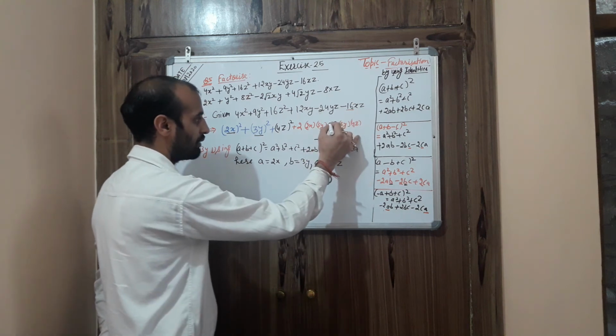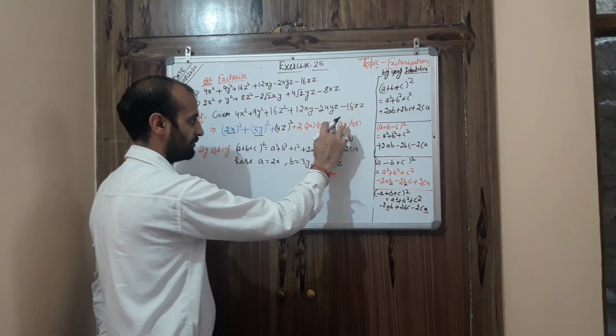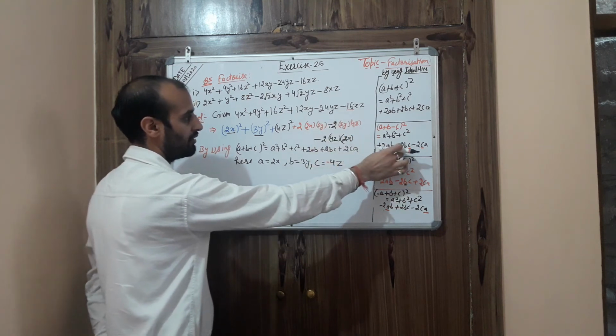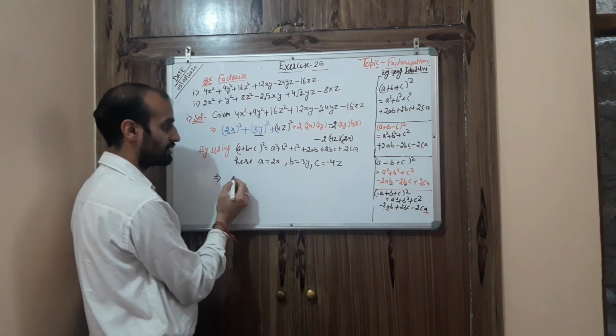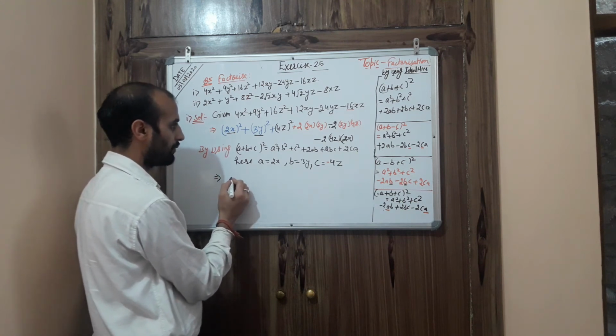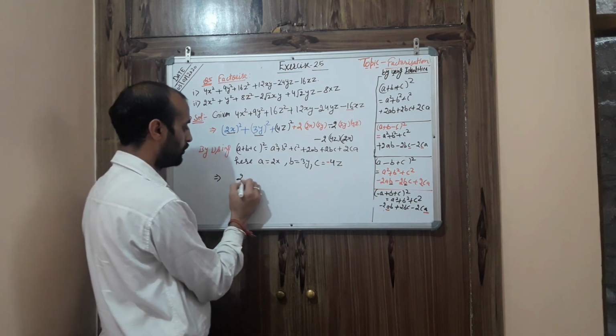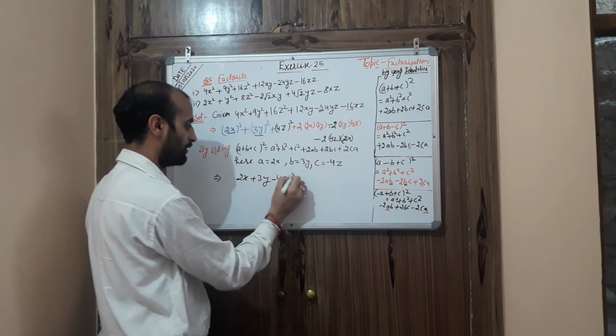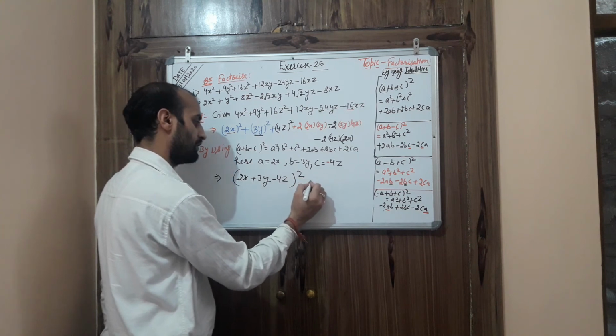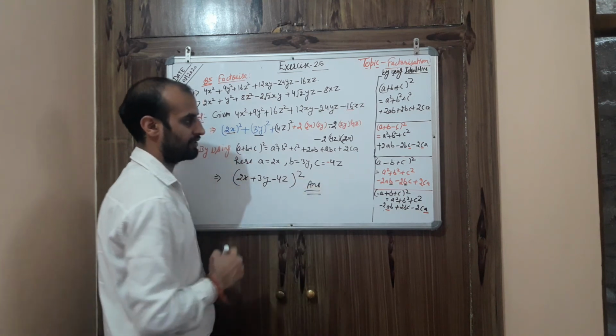You can put a plus sign and take minus z here. Therefore it will become (2x + 3y − 4z) whole square.